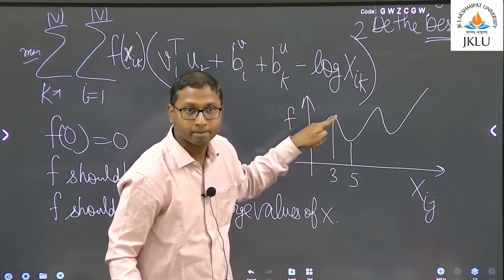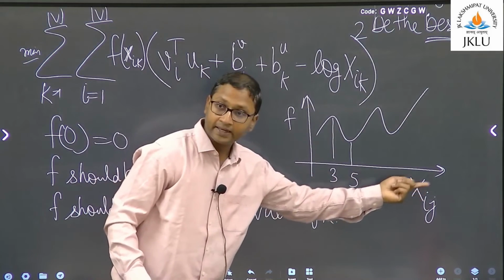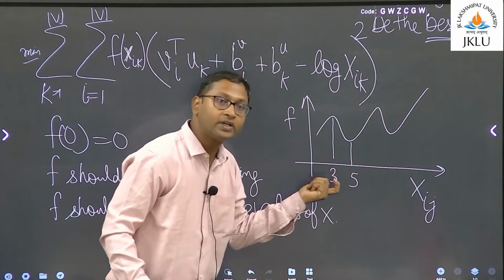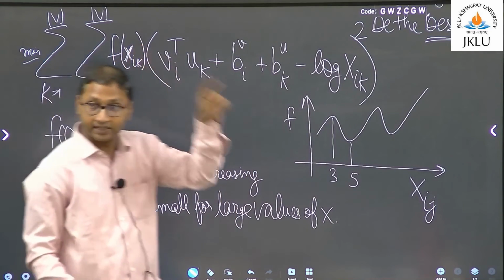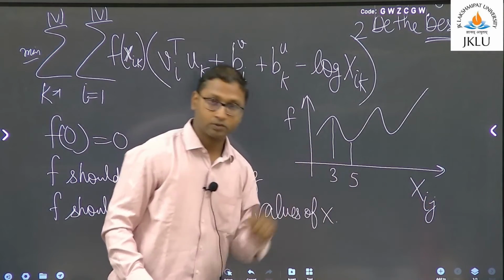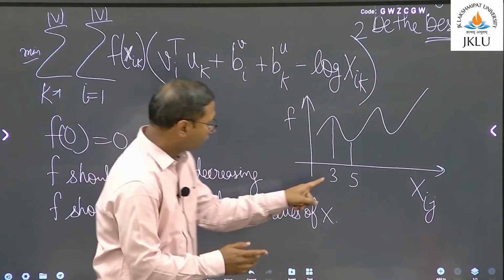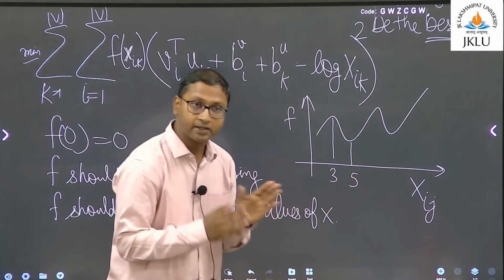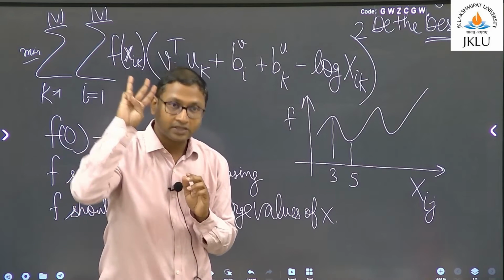Why? Because if i and k co-occur only 3 times in my corpus, I don't want their weightage to be greater than those which occur more. Shall I repeat? What does this 3 mean here for xij? That means i and j co-occur only 3 times in my corpus.